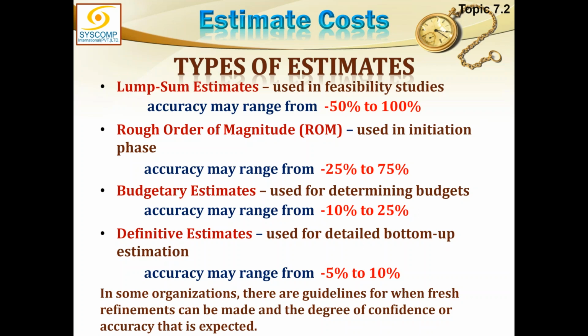I just want to generally have an idea how much money will be spent to construct a five-star hotel. So you should give me some figure, this much million or billion or whatever. So in lump sum, in rough order of magnitude, you generally do not go and consult many people. But when you are doing the budgetary estimate or definitive estimate, there is more need to be more accurate. Therefore, you will be using that.